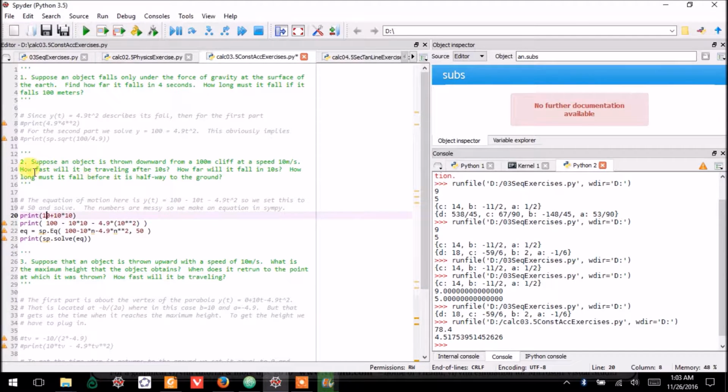So this is a how fast question. All we're doing is using the fact that it had an initial velocity of 10. It has an acceleration of 10 meters per second squared, and it does so for 10 seconds.